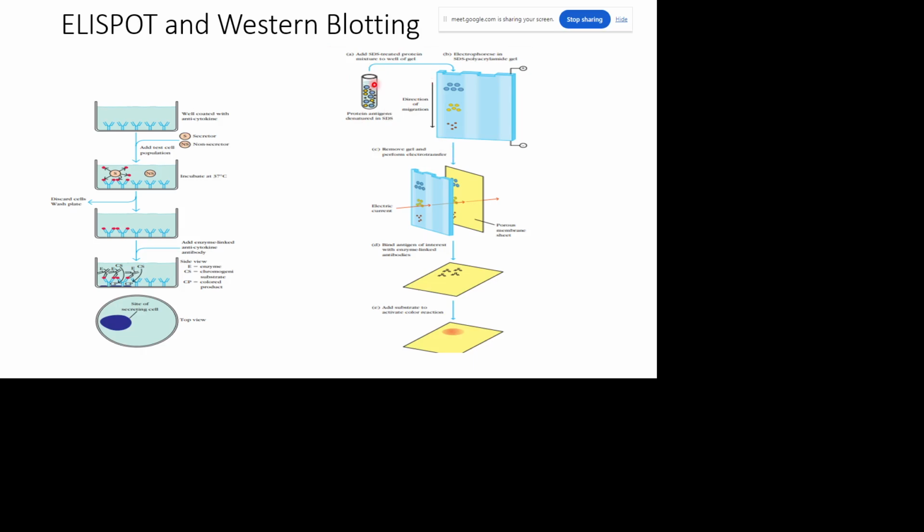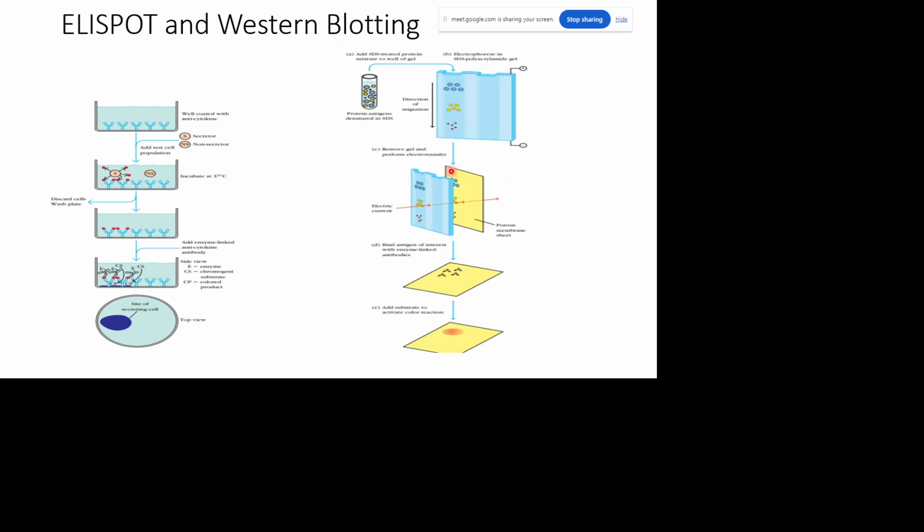You will prepare your cell lysate, and then you will treat it with SDS to denature the proteins and to impart a negative charge. Then you will do the electrophoresis from negative to positive, because your proteins are now negatively charged, so they will migrate from the minus to the plus end.